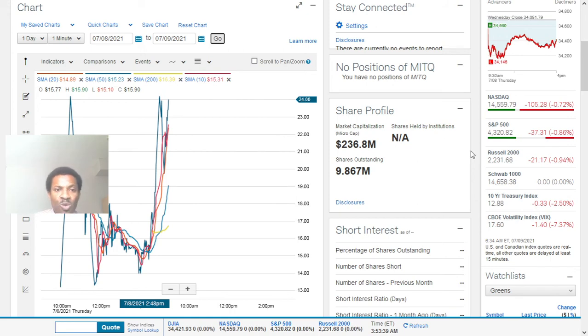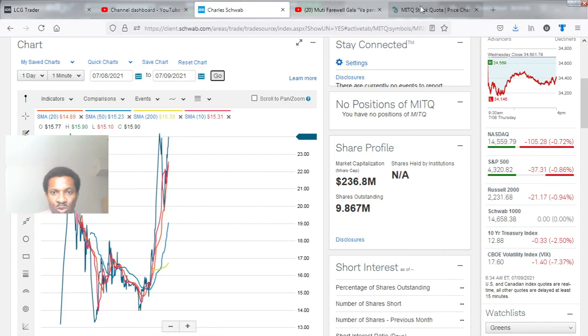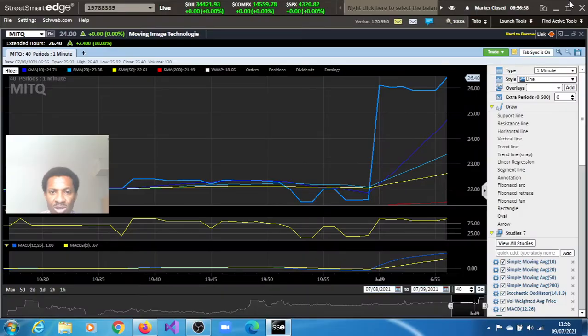So all of those, it's a very small float, will definitely cause stocks to go really volatile.